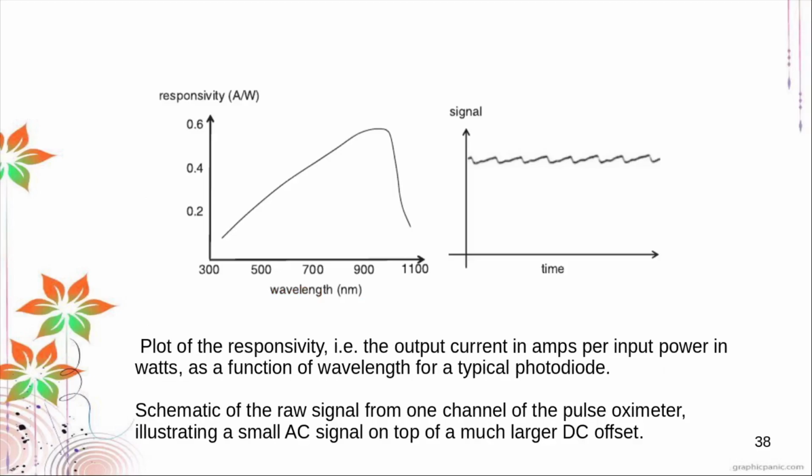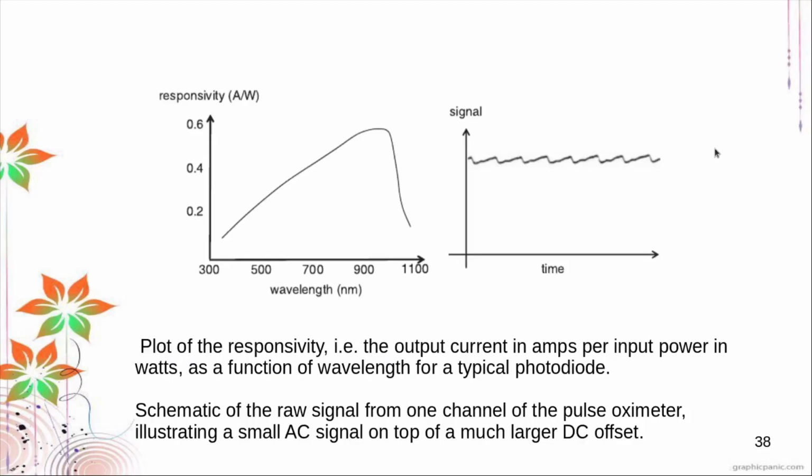Here is your plot of the sensitivity of your instrument. This is the output current responsivity in amps per input power, as a function of the wavelength for a typical photodiode. And then the raw signal is a jagged line because this varies from heartbeat to heartbeat.